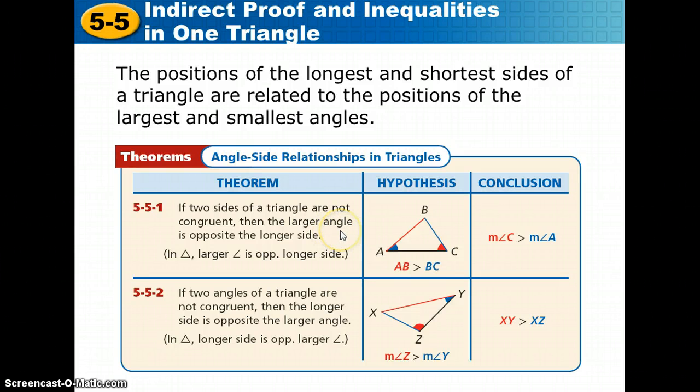The larger angle is always opposite the longer side, as long as we don't have an isosceles triangle. And also, if two angles of a triangle are not congruent, then the longer side is opposite the larger angle. Very similar to the converse of what we just said. So the relationship of the angles are in direct correlation to the relationships of the sides.